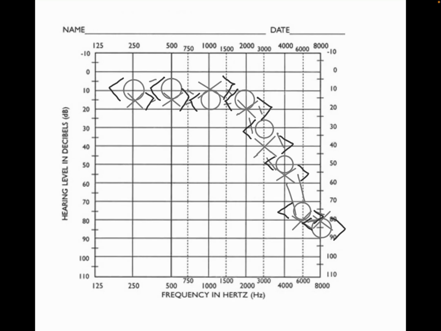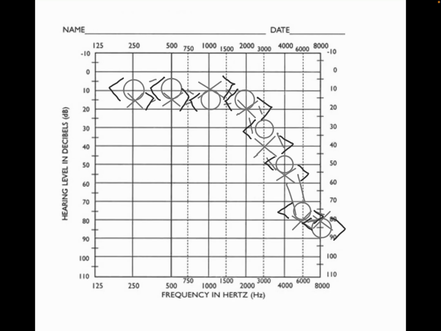And then also, we have taken data from your bone conduction, so how sound is traveling to your inner ear through your bones, and that's shown by those dark symbols next to those circles and X's.